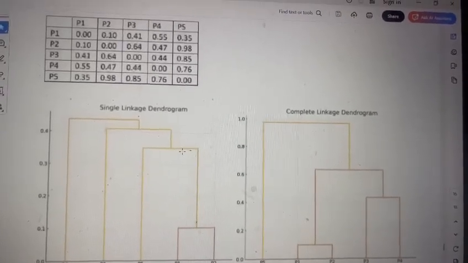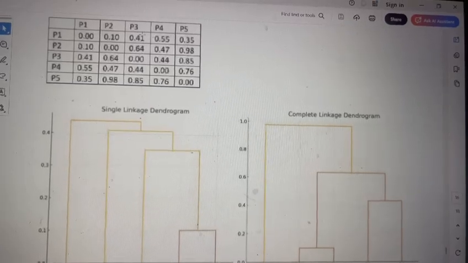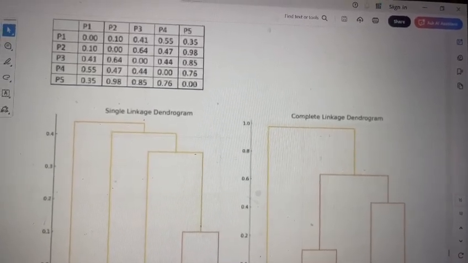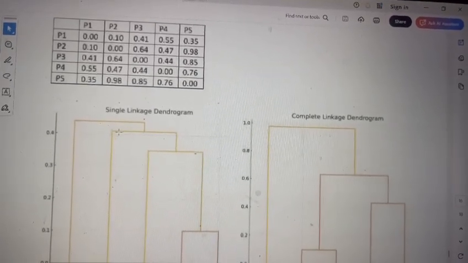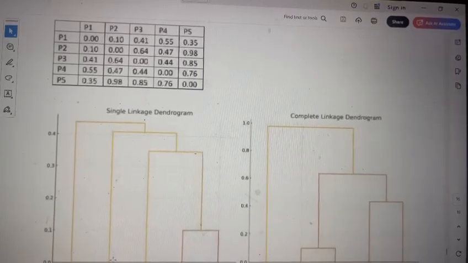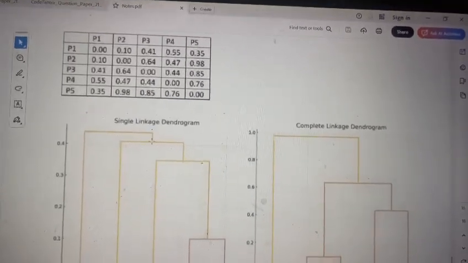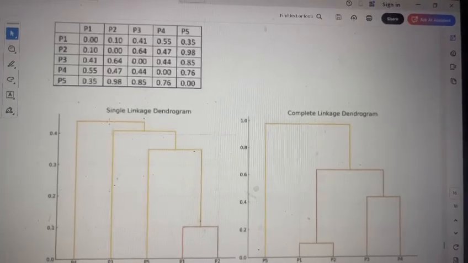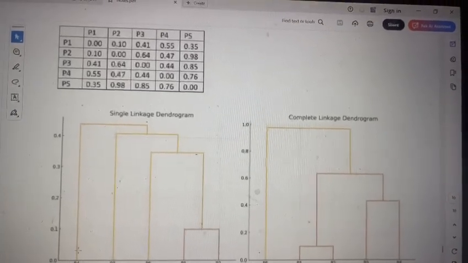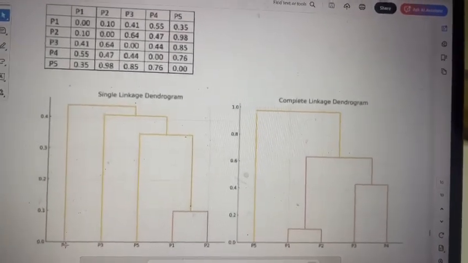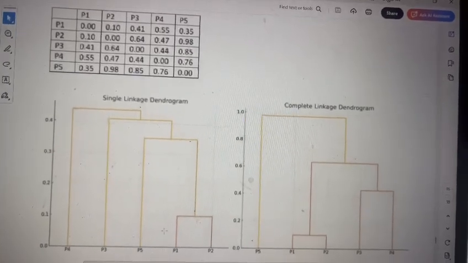The next nearest point is P3, at 0.41, so we have drawn a link here at 0.41. The next nearest point is P4, which is 0.55, so we have drawn a line for 0.55. So this is how we have drawn the single linkage dendrogram.